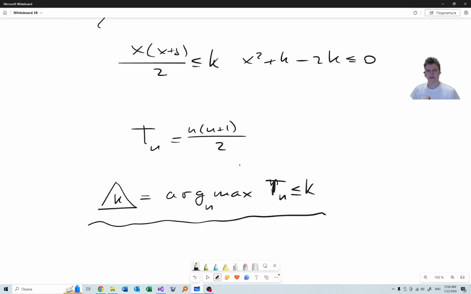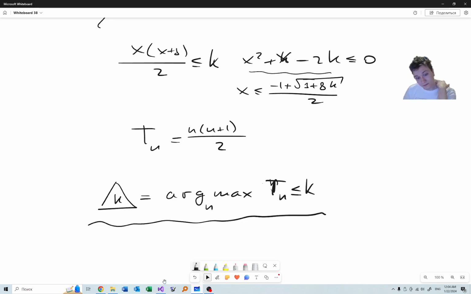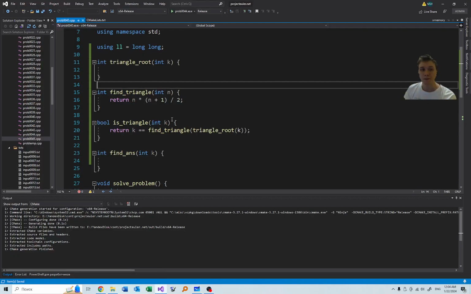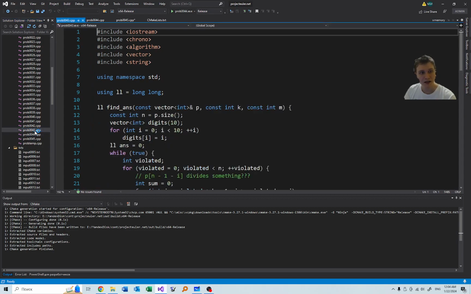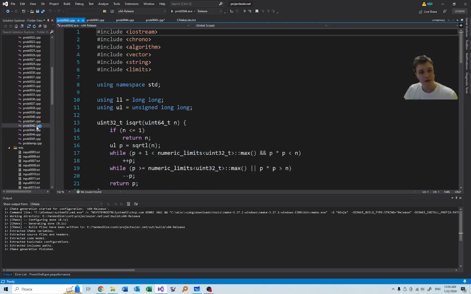And this means that x is at most the biggest root of this equation, which is minus 1 plus square root of 1 plus 8k over 2. So we need to take integer square root of 8k plus 1, minus 1, over 2. And integer square root can be found here.